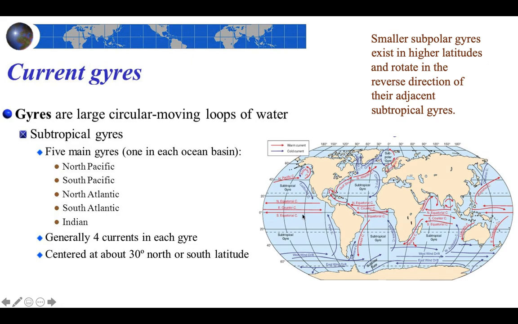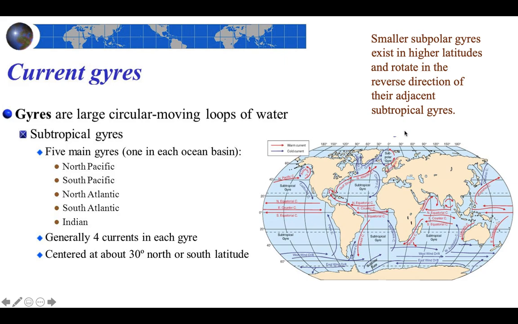All these gyres, again, are centered around mid-latitudes, about 30-degree north and south latitudes, and that's why we call them subtropical gyres, and they are extremely important in regulating the temperature conditions in the adjacent continents.